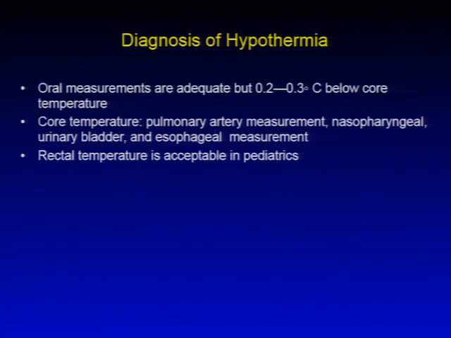Oral measurements are adequate, but they are 0.2 to 0.3 below core temperature. Core temperature can be obtained from pulmonary artery, nasopharyngeal, bladder, and esophageal measurement. Rectal temperature is acceptable in pediatric patients.